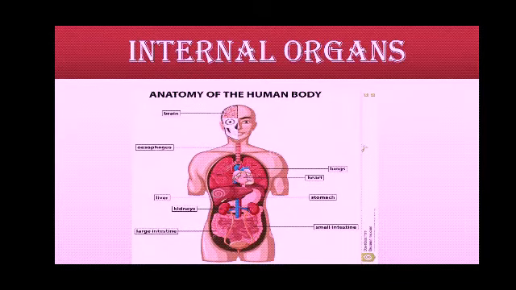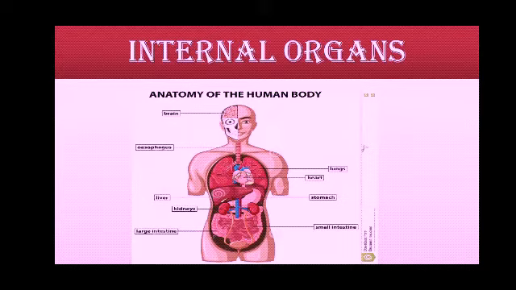Just like the brain, which controls our thoughts, memories and other organs, the heart that pumps blood around the body, the lungs that separate oxygen from the air and remove carbon dioxide from the blood, the stomach which helps to digest food, the intestines that absorb all the nutrients from the food, and the liver helps remove poisons from the blood.